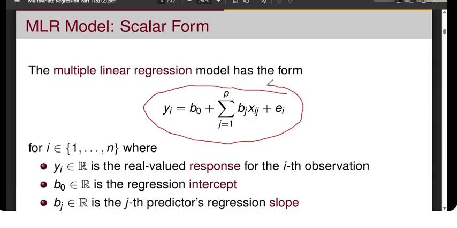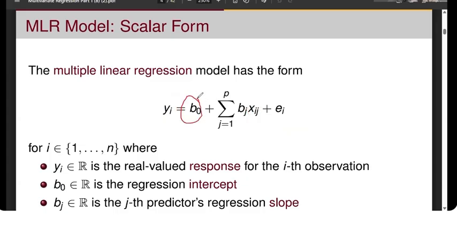And the terms in this model, of course, I'll walk you through. This is the outcome variable. Then this is the predictor variables. And of course, this is the regression constant. That's a regression constant.